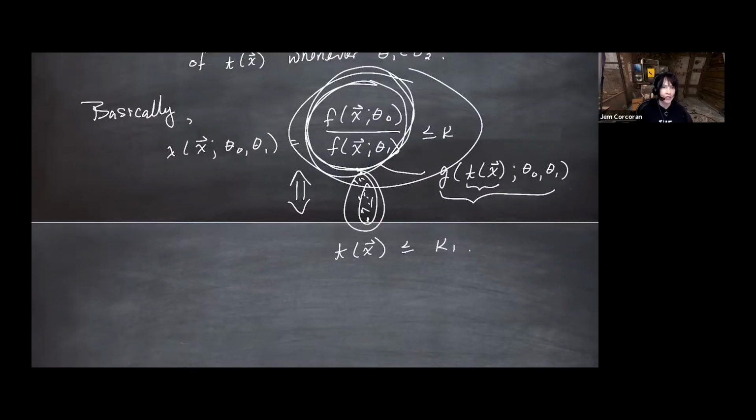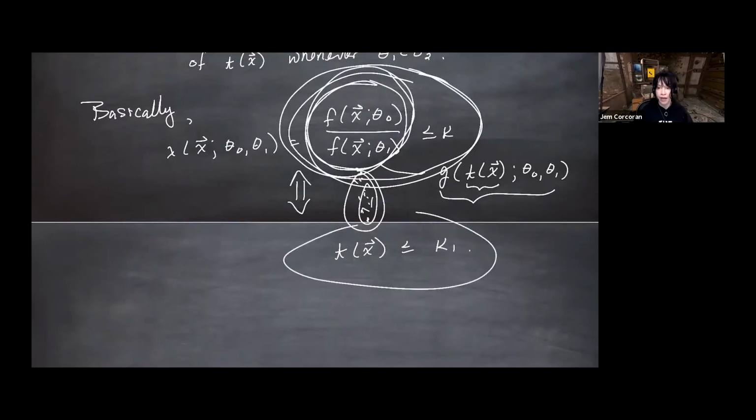And you can imagine, if that G is monotone decreasing in the statistic T, then this big circle saying less than or equal to k would be equivalent to the statistic being greater than or equal to some k1.